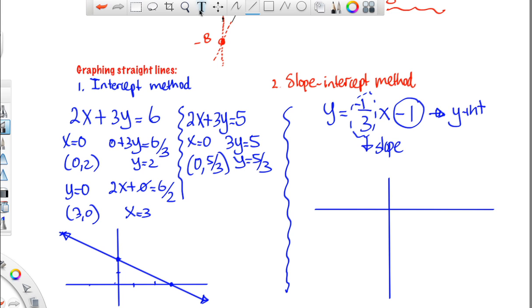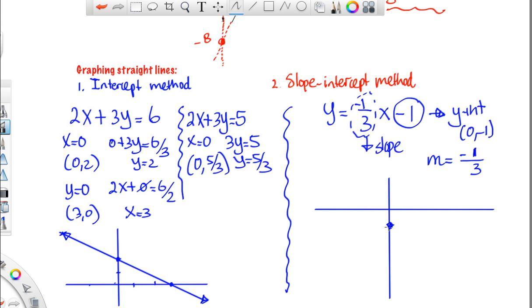Okay, that line goes through the y-intercept of -1. So that means it goes through this point over here. So the y-intercept occurring at -1 is the point (0, -1). Then how do I use this slope? So, the symbol for slope is m. So what does it mean to have a -1 over 3? So I'm going to put the negative always with the top. So -1, so this is the change in y over the change in x. That's the rate of change.